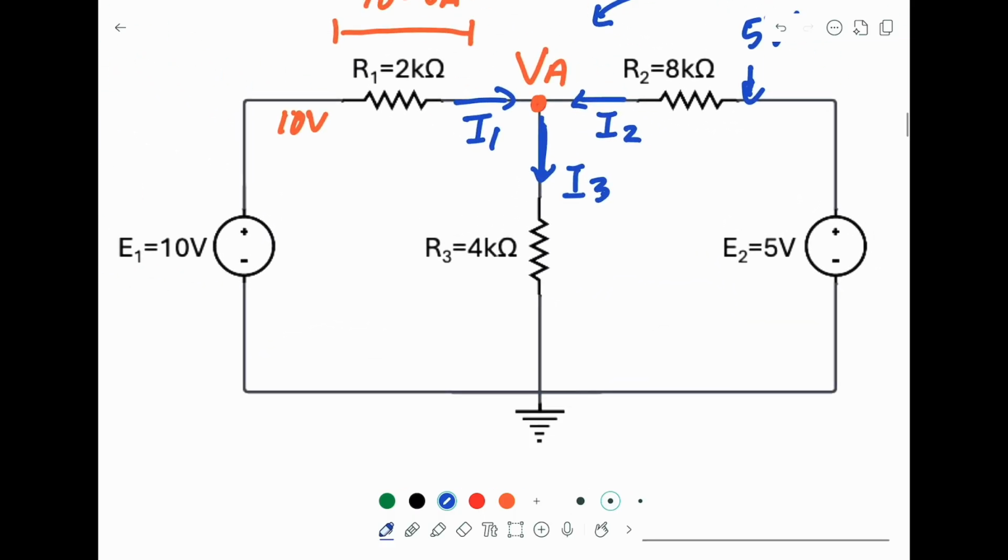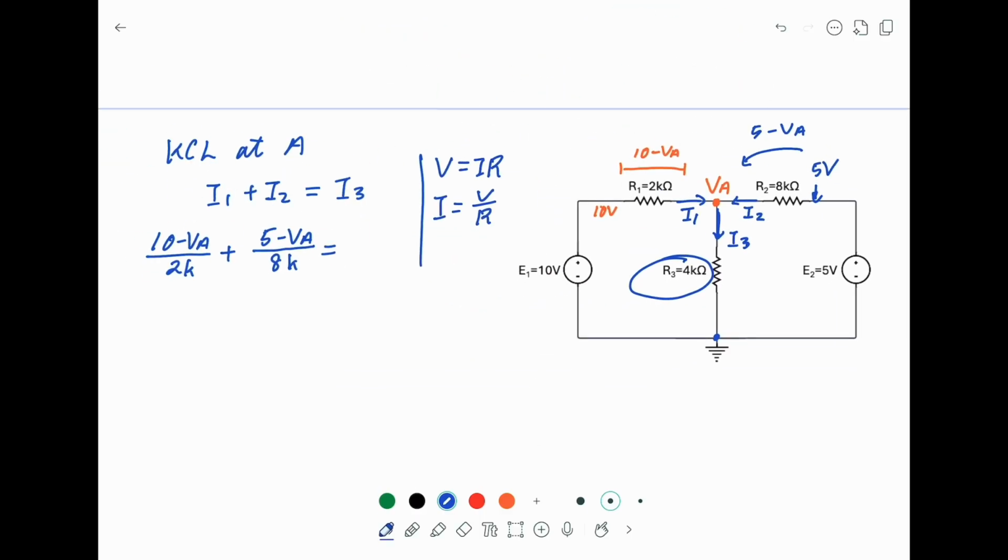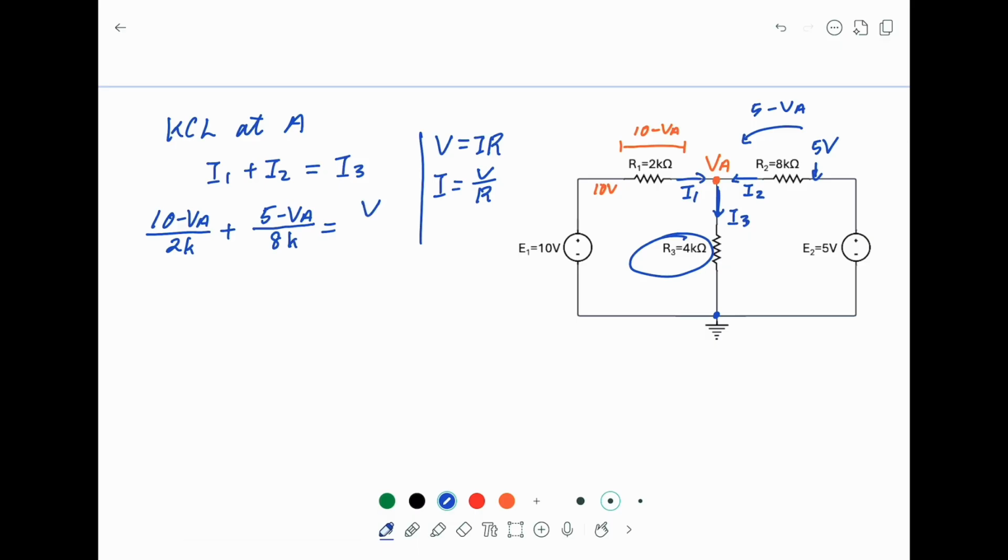Now let's look at the current I3. I3 passes through R3, and the potential difference across R3 is VA, and this is the ground. So this becomes VA divided by R3, which is 4K.